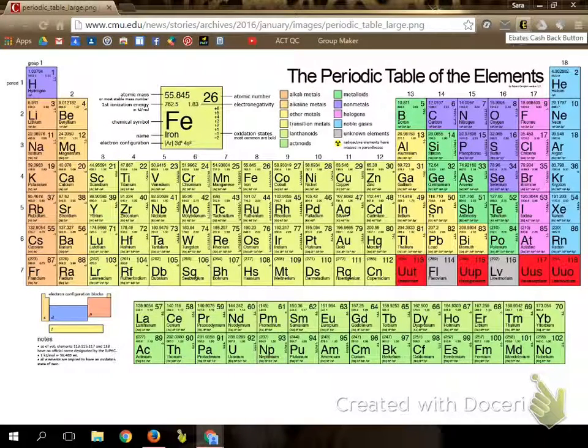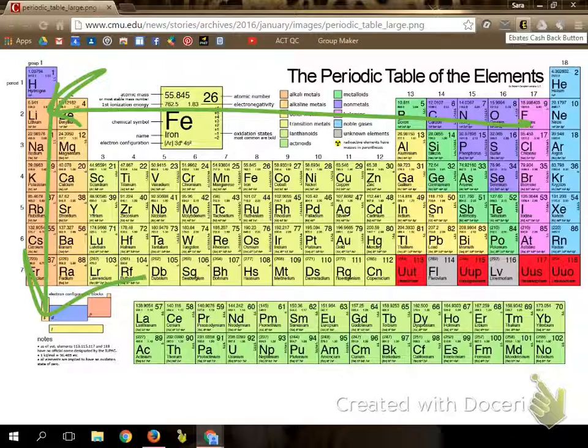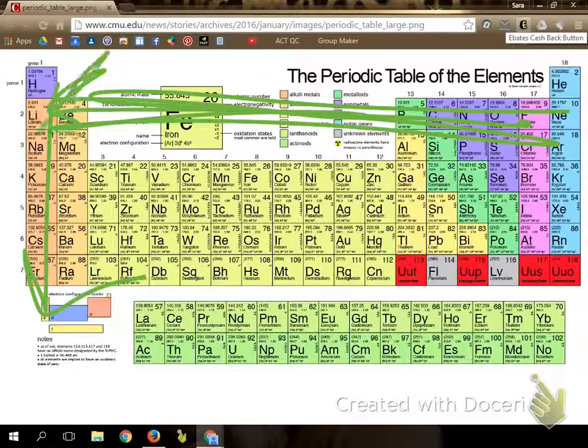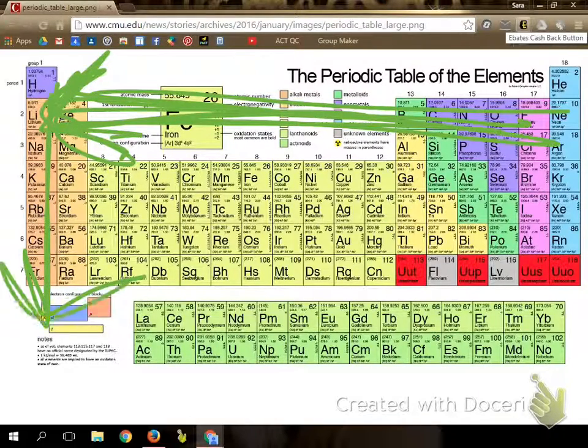So the trends for atomic radii, they increase when you go to the right on the periodic table. Sorry, I'm going to draw it a little bit bigger here. They increase as we go to the right, and they increase as we go down on the periodic table. So atomic radii get bigger as we go to the increase to the right or decrease to the left, sorry. Wait, isn't that going to the left?